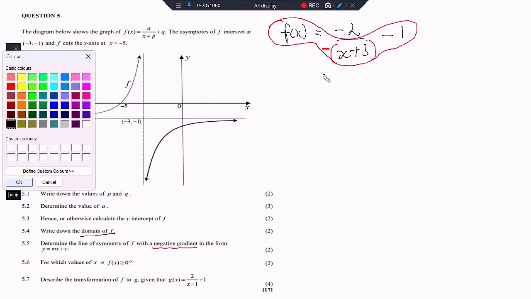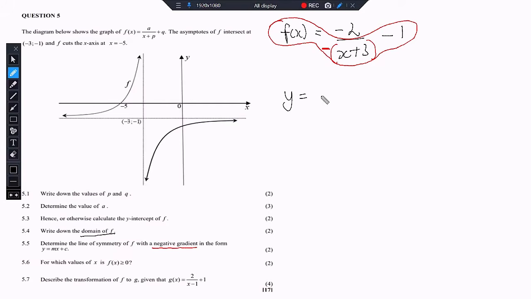So what I'm going to write here is y equals negative, in brackets, x plus 3, and then minus 1. So this indicates that I'm looking for the axis of symmetry with a negative gradient. So this is y equals negative x, then minus 3 here, and then minus 1. So y equals negative x minus 4.